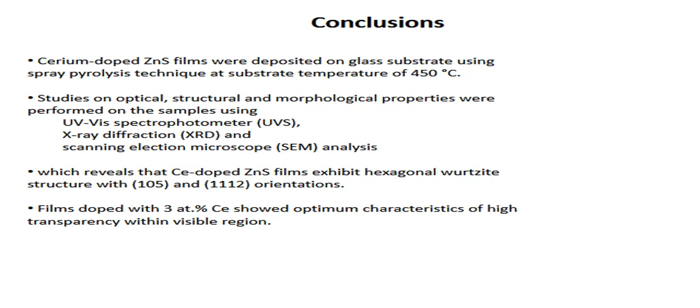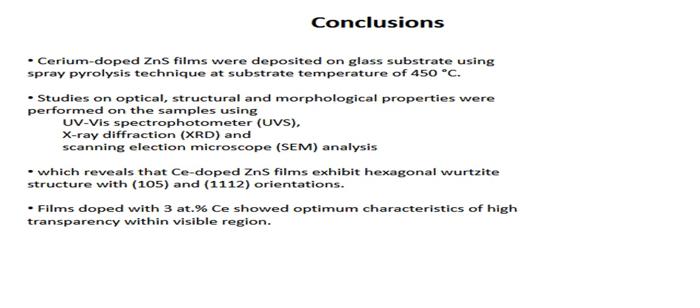And from the discussion of the results, we saw that the doped films exhibited a hexagonal wurtzite structure with 105 and 1112 orientation. Somebody might ask, why do we have four figures here? Because it's a hexagonal structure.